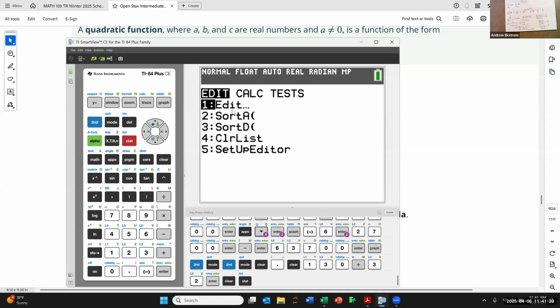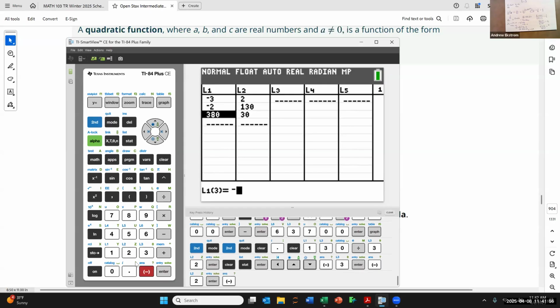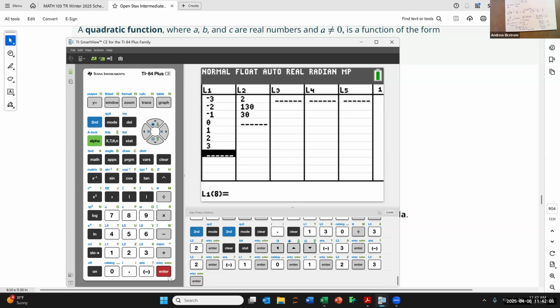We can go to stat, we can go to edit, and we can call L1 our x values. What values do we want to use here? -3, say -2, -1, 0, 1, 2, 3, whatever it happens to be.